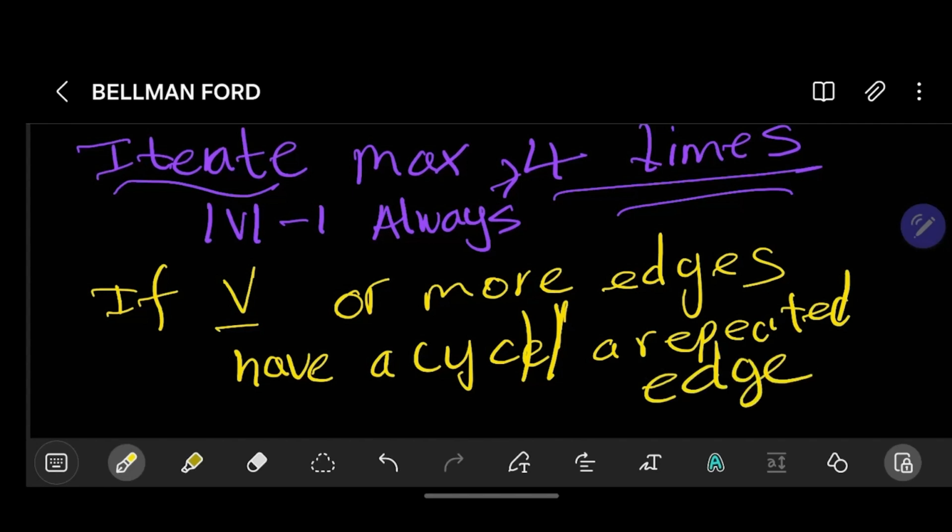So just take note of that. I'm not going to go into too much detail of this. I just want to get to the point where I can show you how to actually implement this algorithm so you can go ahead and do that in any question that you do get.